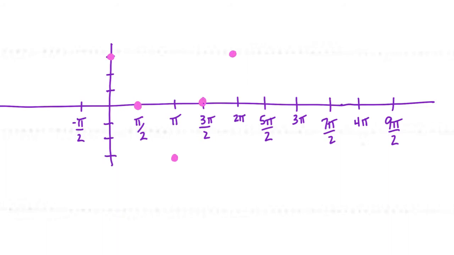Now, because I have to continue this graph, I know this is what it's going to look like. But I'm going to fill in my dots first. I like to go ahead and put the markers there so I can see. And notice when it ends at 9 pi over 2, it's going to be right there.